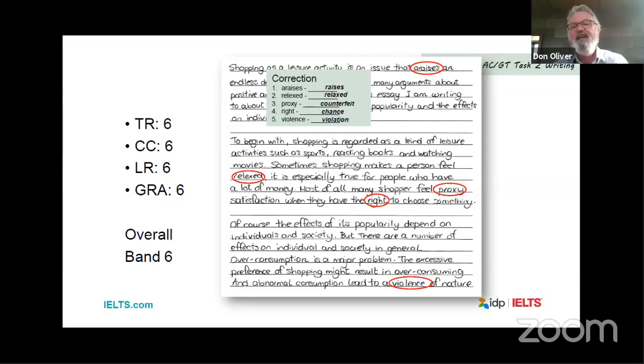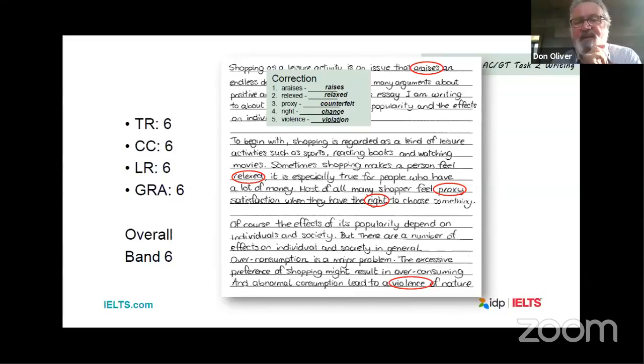So in this case, "erases," this person should just say "raises." "Relaxed" is misspelt, should be "relaxed." This word "proxy" is not used correctly. Maybe it would be a better word to use "counterfeit satisfaction." Instead of using the words "right to choose," they should have "the chance to choose."